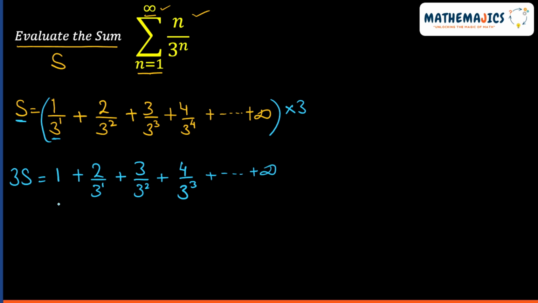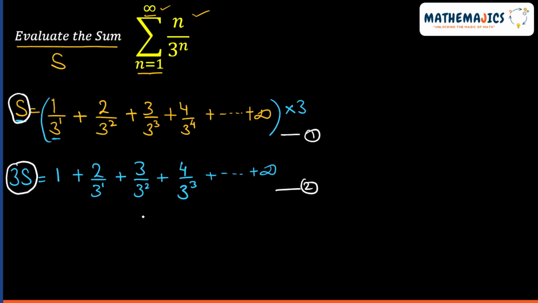Now, after multiplying this equation with 3, to solve this question further, what I did, I found the difference between these two s. Basically, I am subtracting two equations. Let this be the first equation, let this be the second equation.